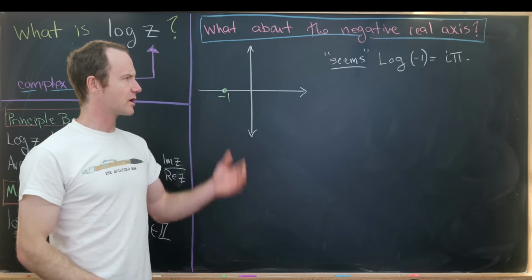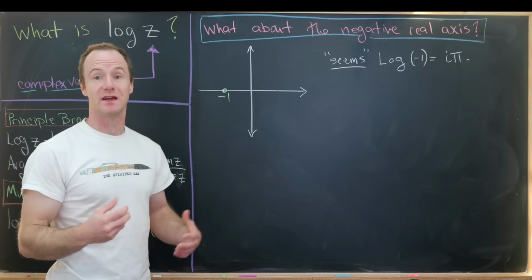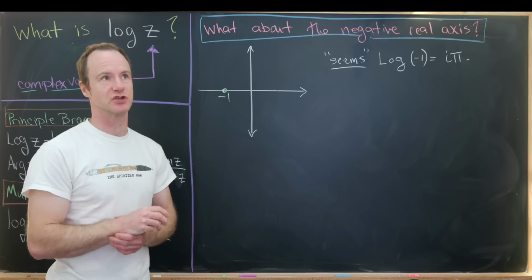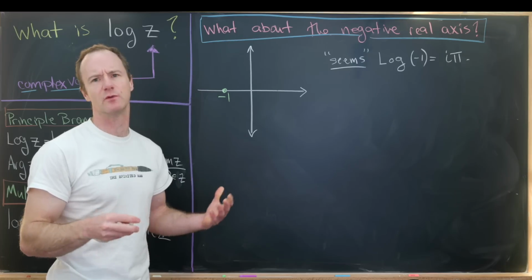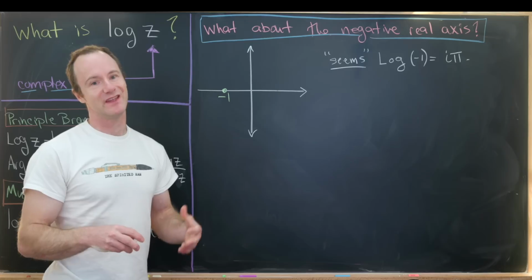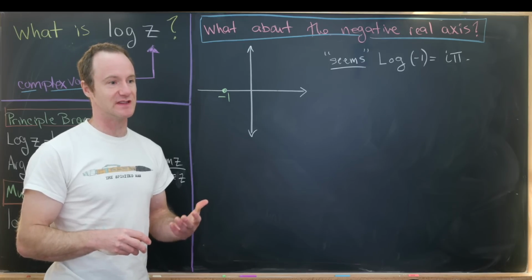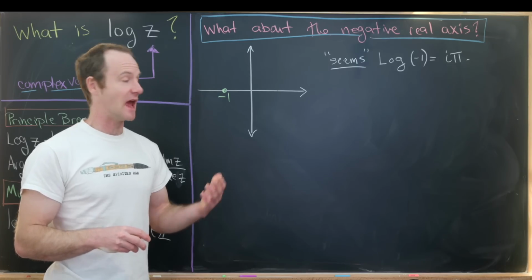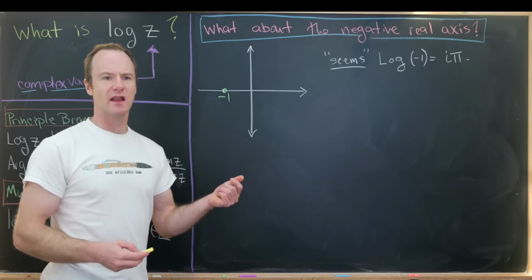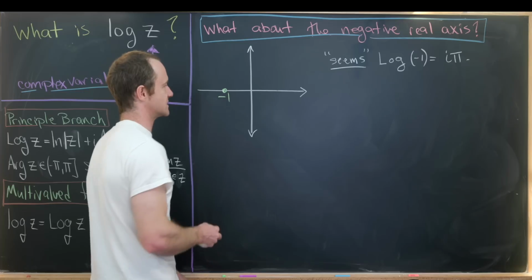And if we weren't worried about this logarithm function being continuous, or a fancier, beefed-up version of continuity in the complex plane, analytic, this would be totally okay. But in fact, we'd like to define a function that is continuous, and we'll see that this causes some sort of issue.